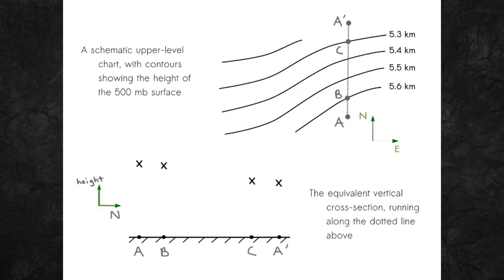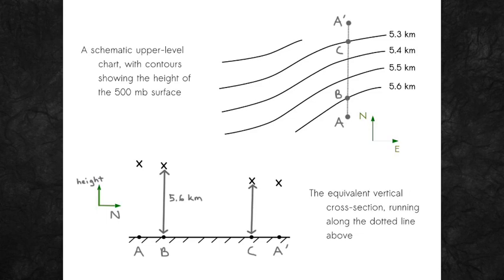Okay, we can actually go a step further here because we have two of the stations that happen to be right on these contours. So we actually know how high above the ground the pressure surface was for those two stations. So if we draw in these two stations B and C here, well, station B happened to be right on this contour that says 5.6 kilometers here, which is telling us that the pressure level is located 5.6 kilometers above sea level.